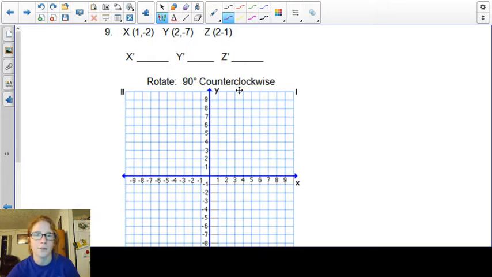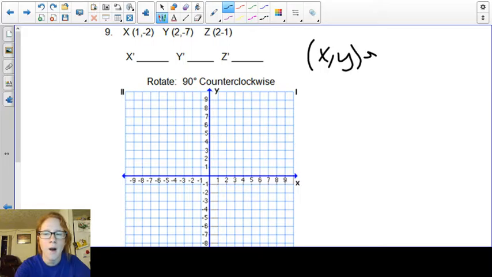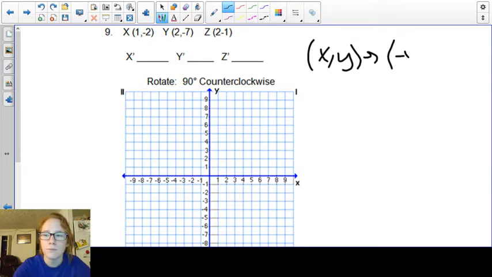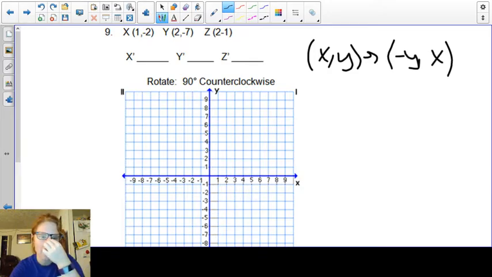Alright, number 9, we're going to do counterclockwise 90 degrees, which is what you see on your formula sheet. So that's where my X, Y will turn into -Y, X. My X and Y switch spots, and then the Y becomes opposite.